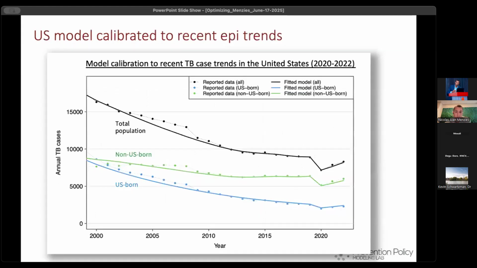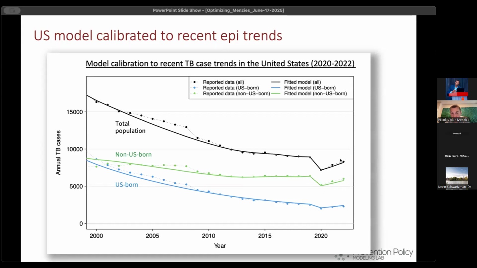And here is an exhibit from the fitted model. This is now looking within the United States, bringing us up towards the present in terms of TB case rates. At the end, you can see with the black line, which is overall TB incidence, this drop at the start of the pandemic, with this being 2020, and then this recovery.